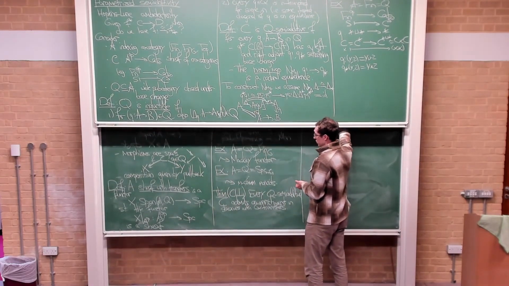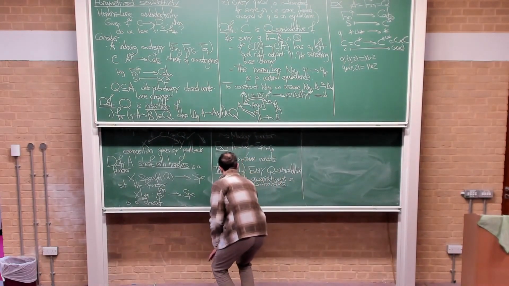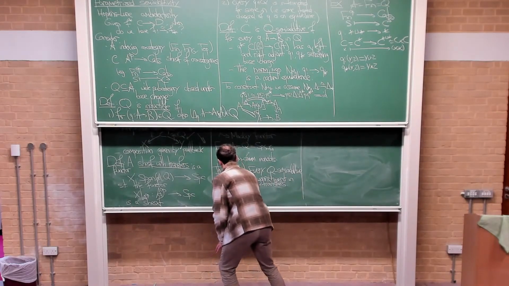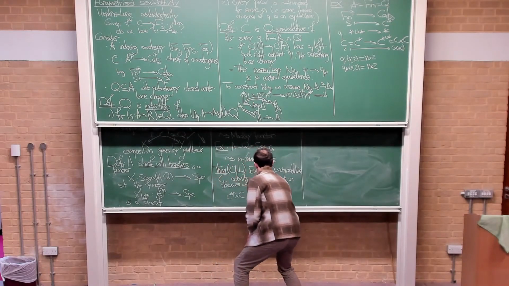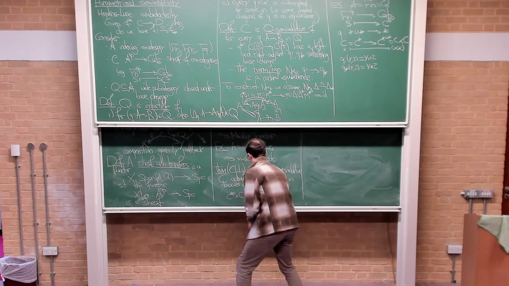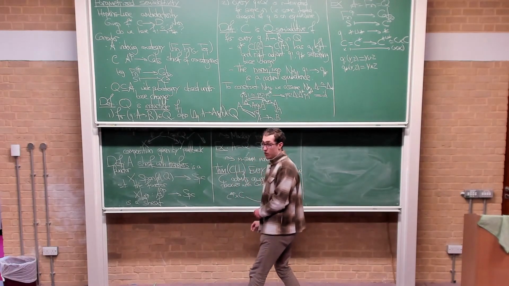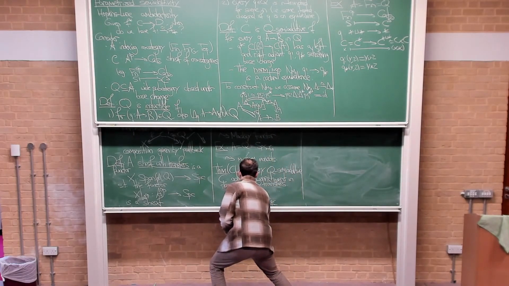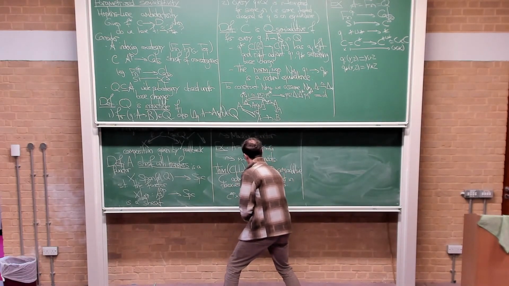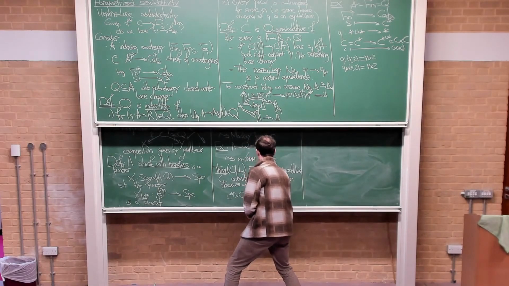And then what this enrichment means is that we have the functor C op times C, and then there is, let me underline it, a parametrized hom functor, the hom in C, and then this admits a unique lift.